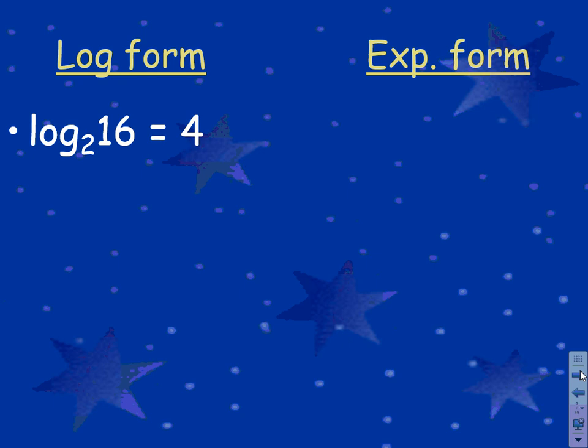And I always have to cross the equal sign with my circle. So I'm going to take 2 to the power of 4 is equal to 16. That's how I will rewrite this. So your base gets raised to your answer, and that's equal to that last number that you have. So it's 2 to the 4th is equal to 16.